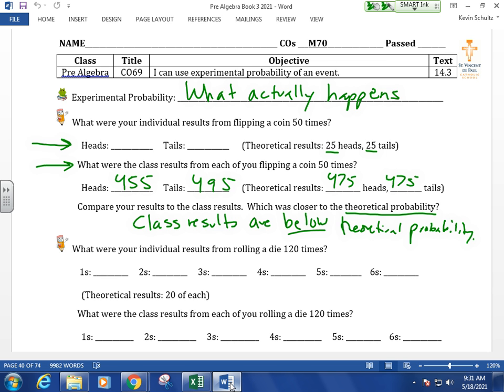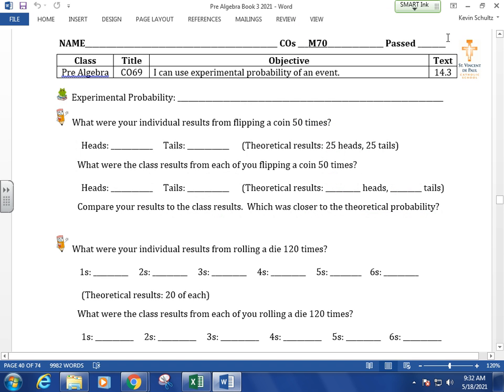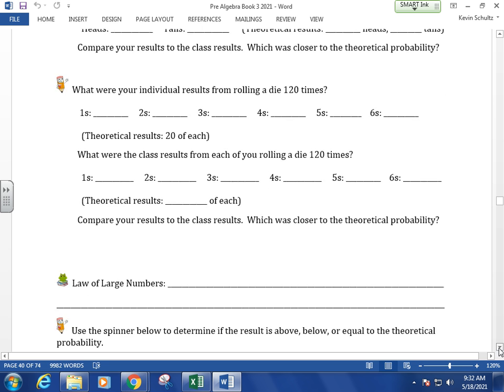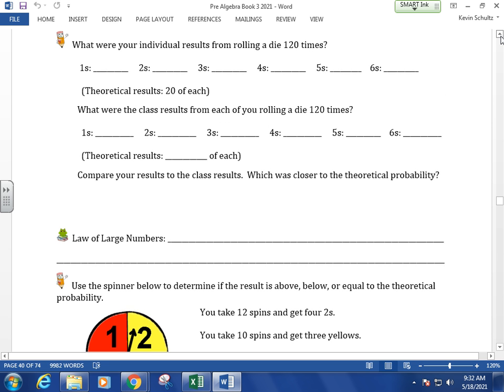Questions on this? Other words that are illegible. Okay. While I scroll down here, go ahead and fill in your individual results for rolling the die. And again, this part is all different for each of you. If you weren't here, you can just skip this part.